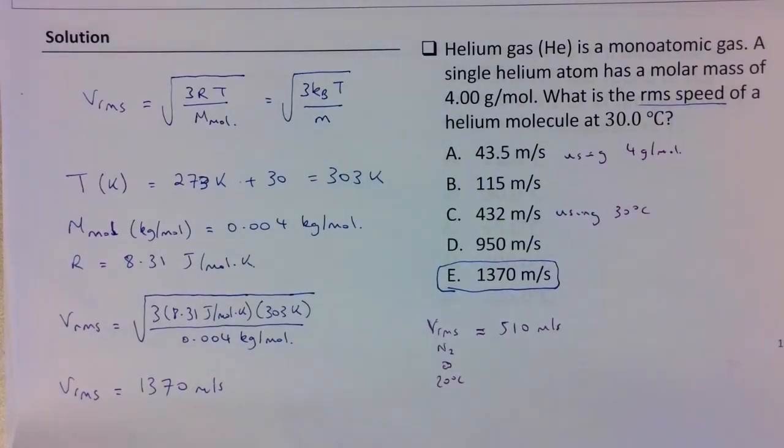So again, it's a question that highly emphasizes the importance of units. And it should give you choice E as the correct answer.